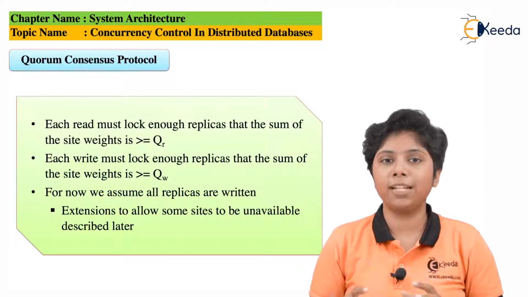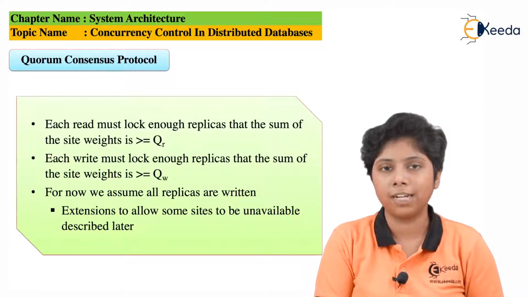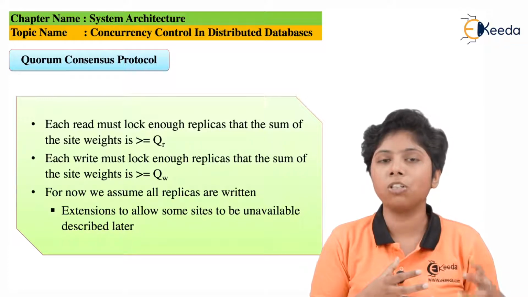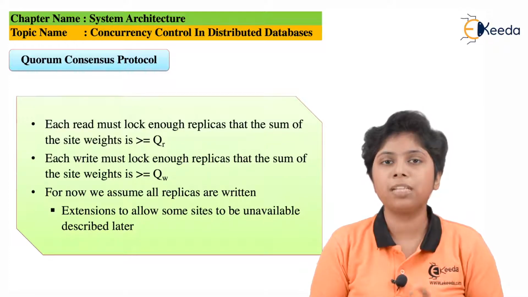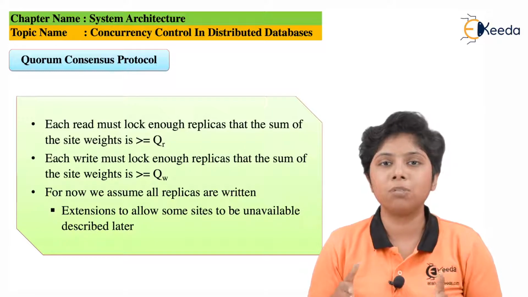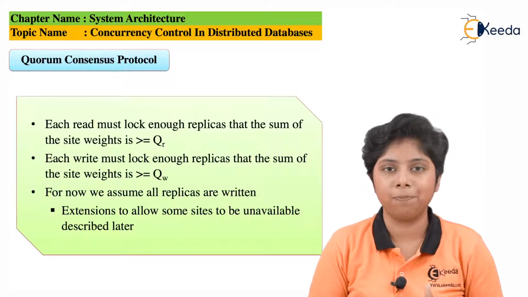And based on the weight, that is the total number of locks that we can grant on the site, we can decide whether to give more locks to the read or more to the write. So these are the locking protocols that we have described in the distributed system as per the concurrency control on the system.